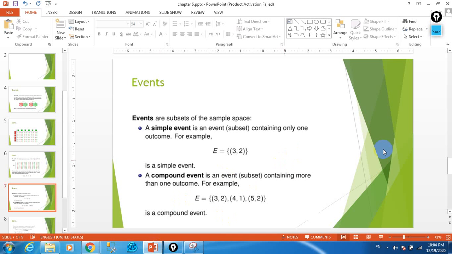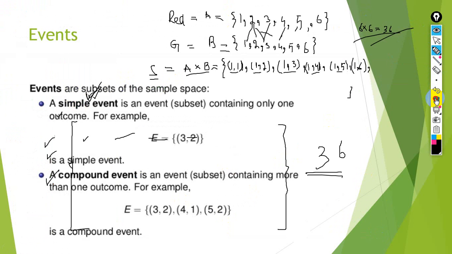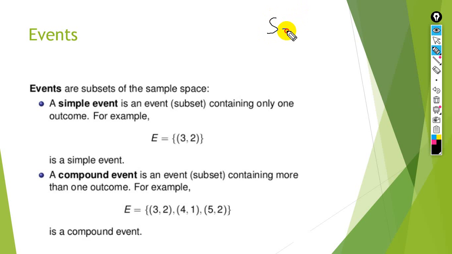Okay, so in this slide we have examples of events. As I have told you, events are a subset of the sample space. If we have a sample space, this is a set with a lot of elements, a lot of outcomes in it.